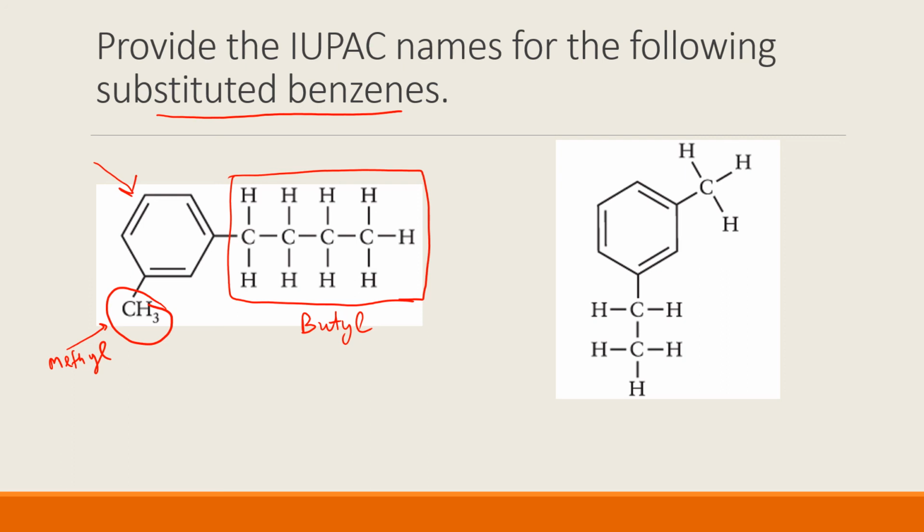Now because alphabetically butyl comes before methyl, we will start the numbering from this carbon to identify the locator number. So that will be number 1, number 2, and the methyl group will be located at number 3 position. So let's assemble this name together. It will start with 1-butyl-3-methylbenzene.